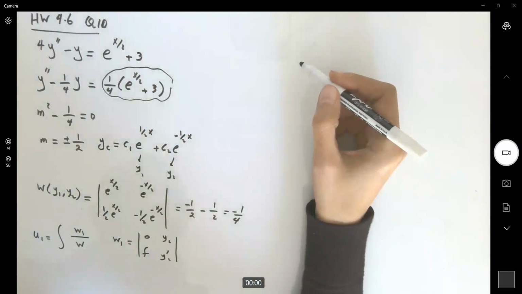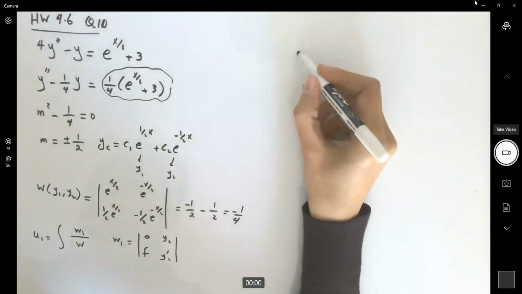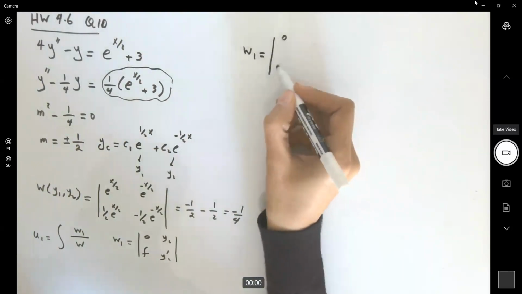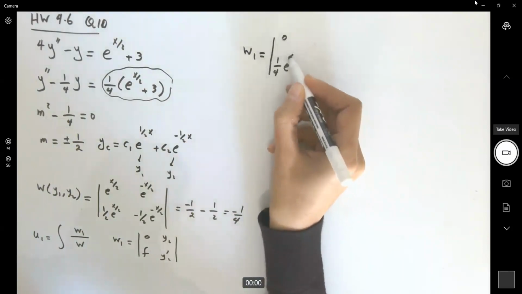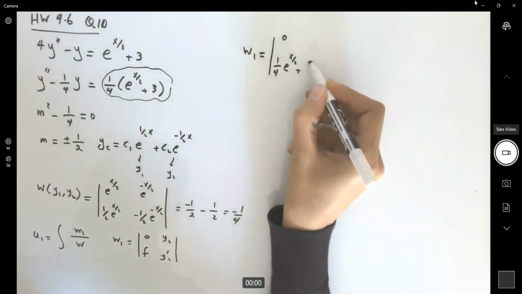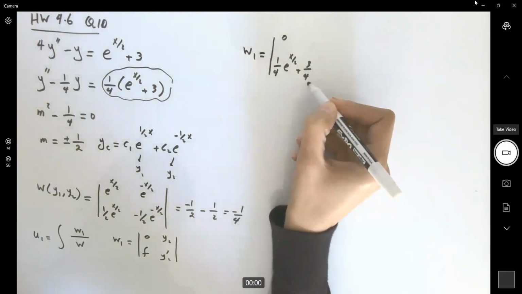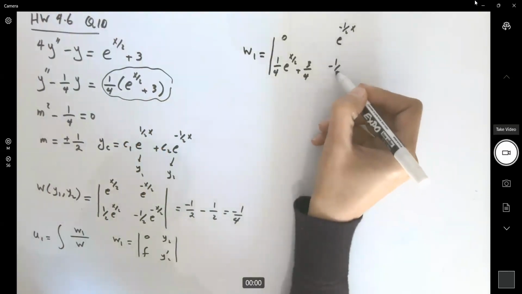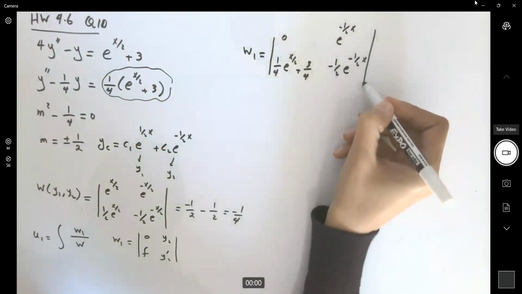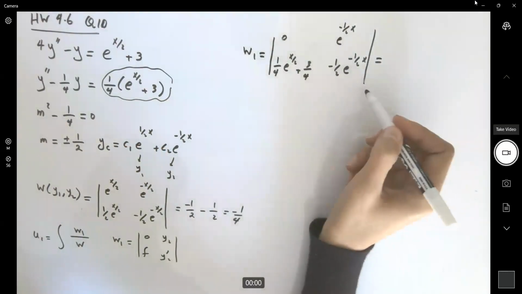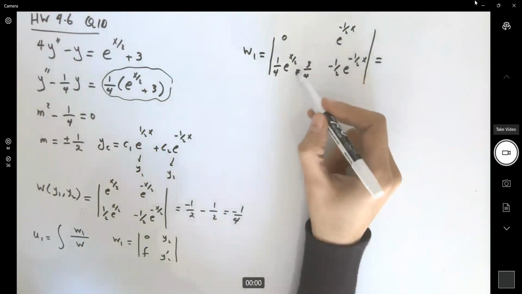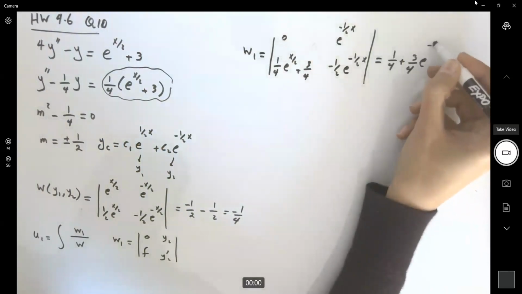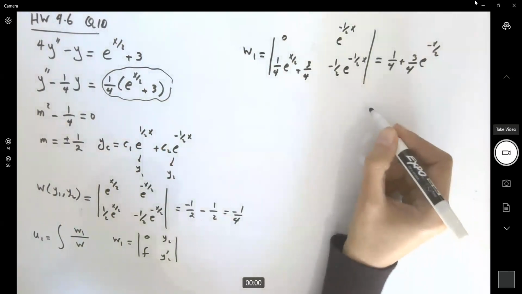Here w1 is the determinant of 0, a fourth e to the power x over 2 plus 3/4, and your y2, which is e to the power negative a half x, with derivative negative a half e to the negative a half x. So this becomes 0, and if you distribute, you get a fourth plus 3/4 e to the negative x over 2.